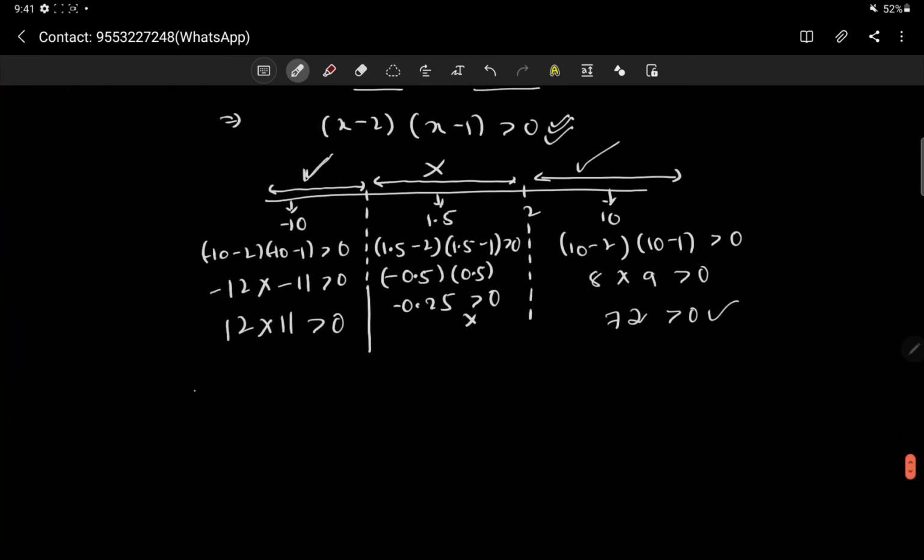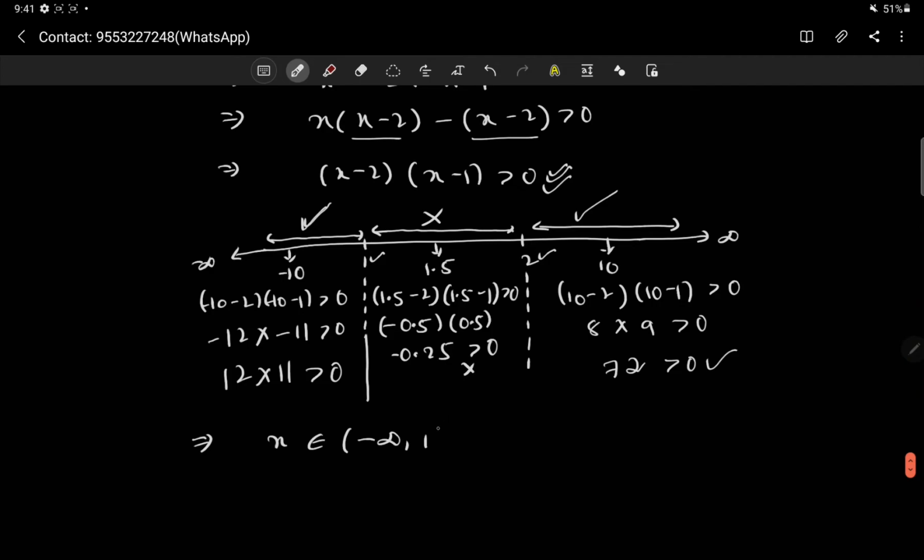Okay, so finally x belongs to the values from minus infinity to 1 union 2 to infinity. Minus infinity to 1. You see here exactly 1 can't be taken, so that's why you take open bracket.